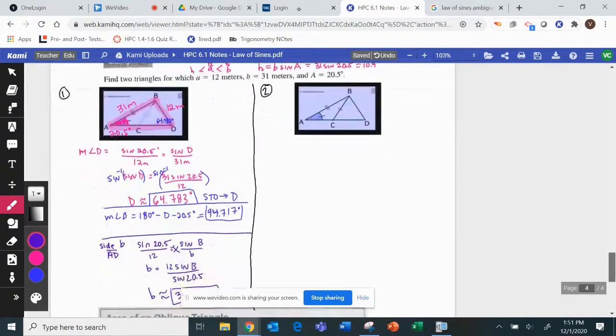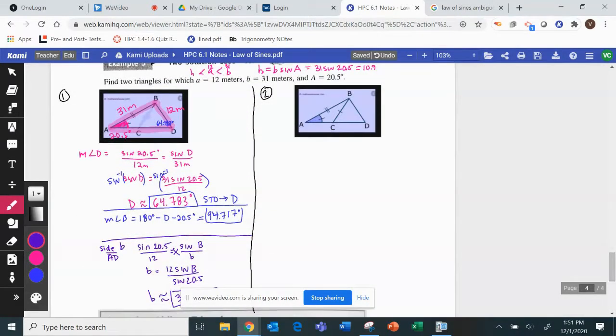We found half of the answer. Let's find the other half.